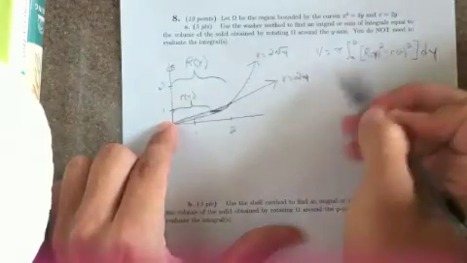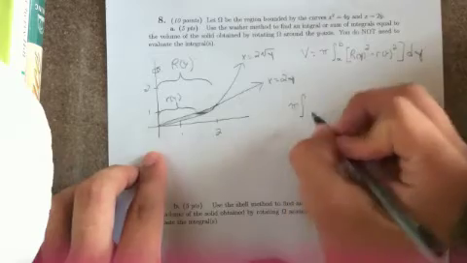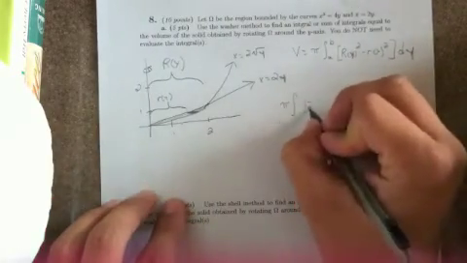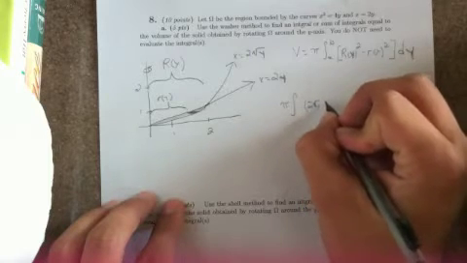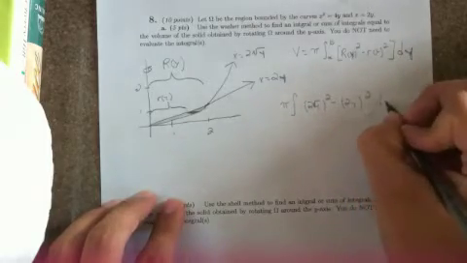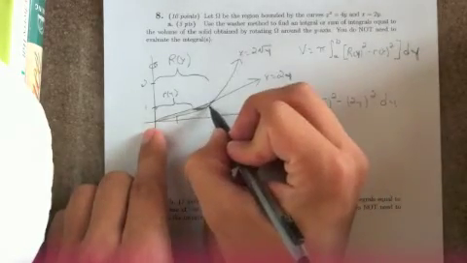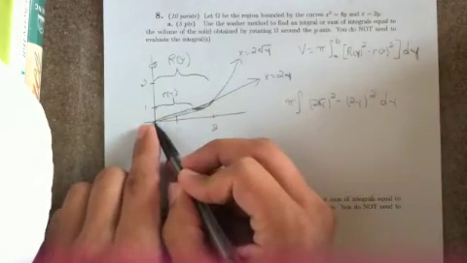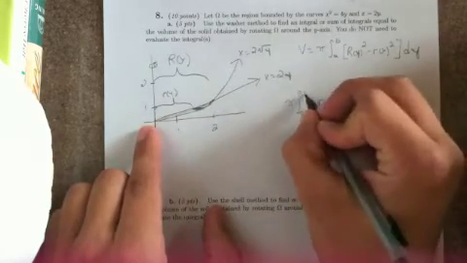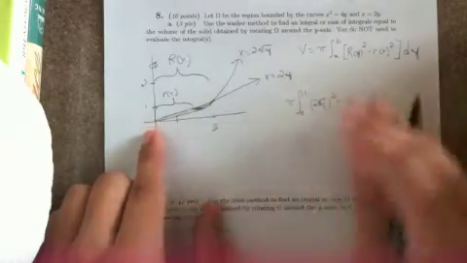Now we just plug these into our formula. We get pi, and I'll show you the limits of integration in a second, of 2 root y squared minus 2y squared dy. And the region is going to set the limits of integration. So it goes from 0 to 1, and you want this in terms of y, because we're operating in dy right here, so the limits of integration are in y, not in x.